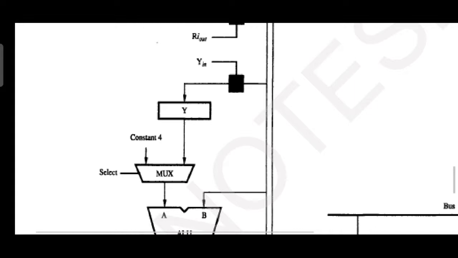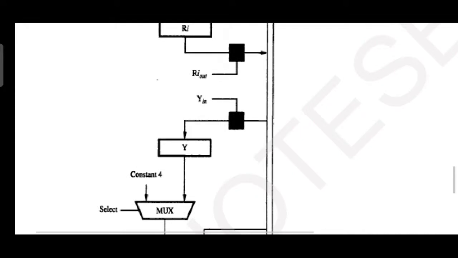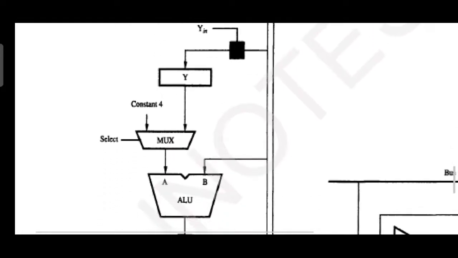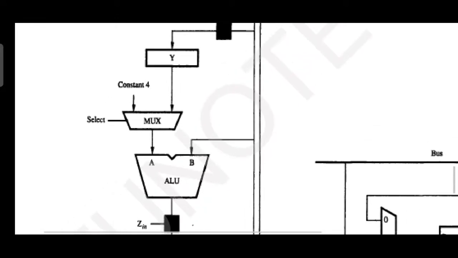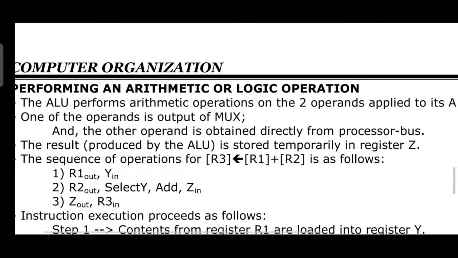So the ALU takes another input directly from the internal processor bus. So R2 out is activated. R2 out activated means data is placed onto the internal processor bus, which drives it directly onto the ALU as input B. That's it. So select Y, R2 out, select Y is done.